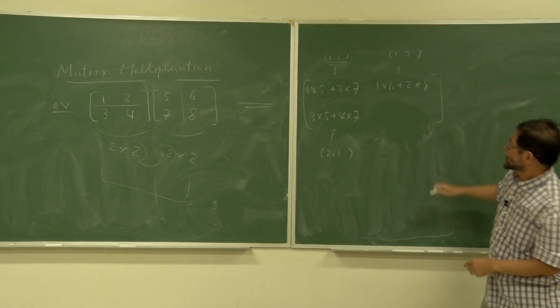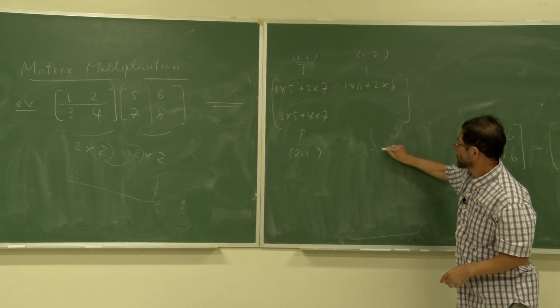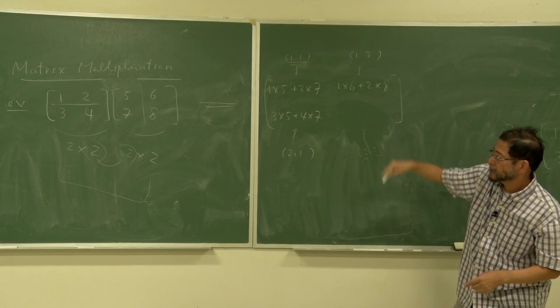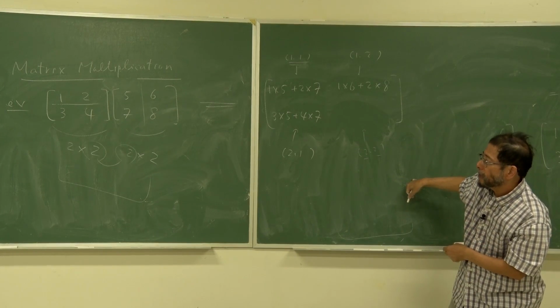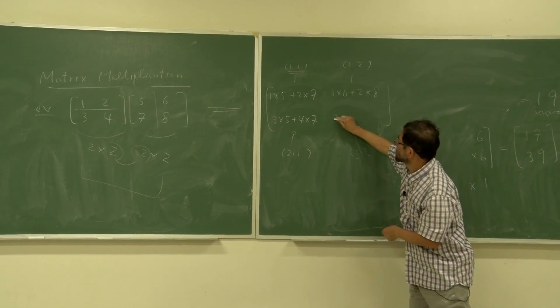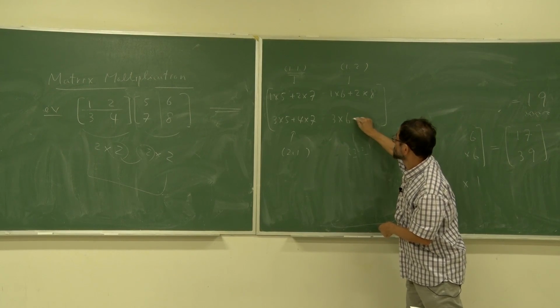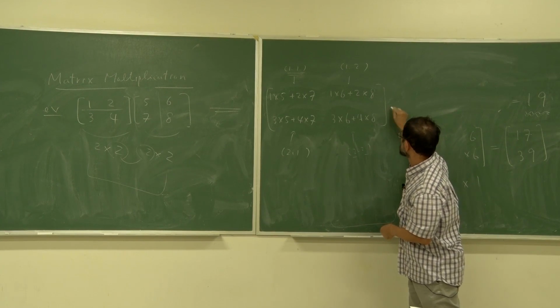Finally, the 2, 2 entry comes from the second row and second column, 3, 4 times 6, 8: 3 times 6 plus 4 times 8.